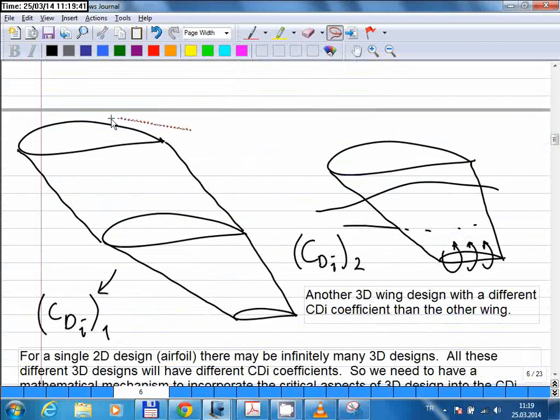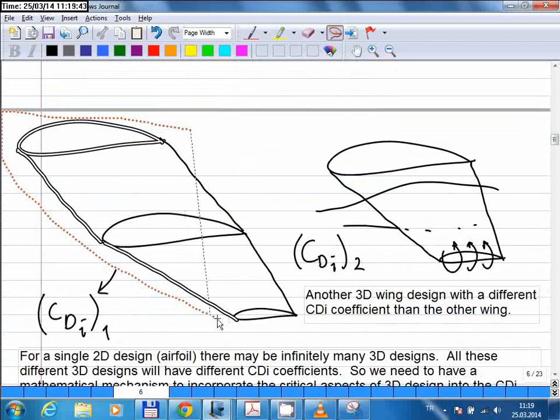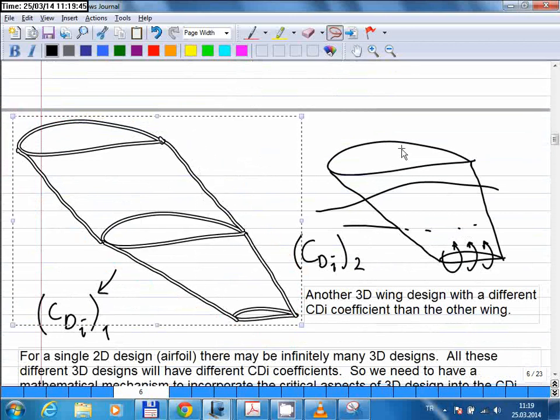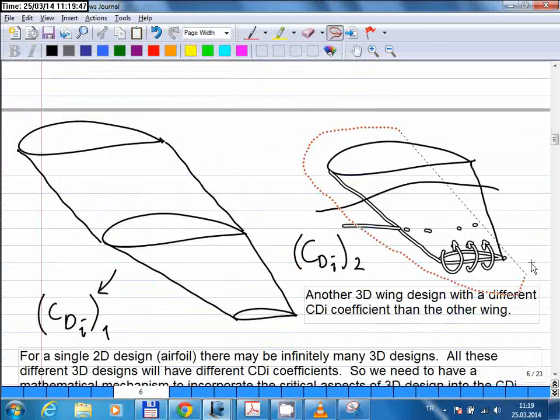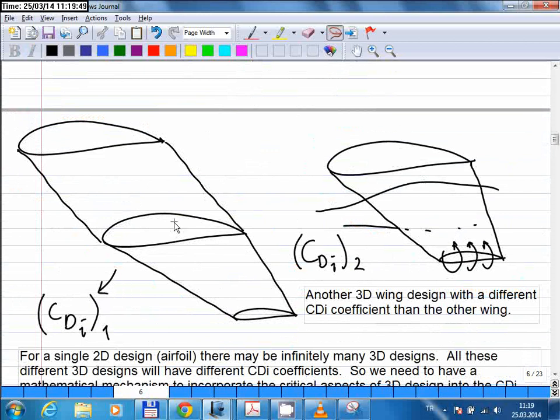So here you see two different wing designs. They will obviously have different induced drag coefficients because they have different aspect ratios and different shapes, and they will be different from each other.